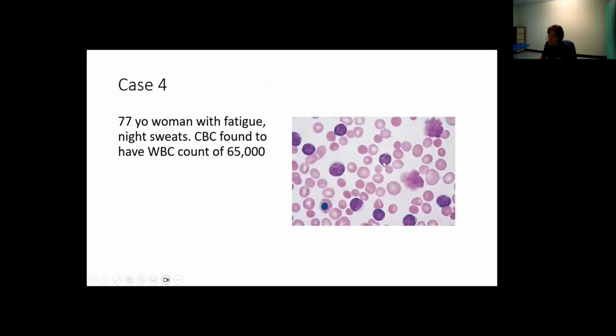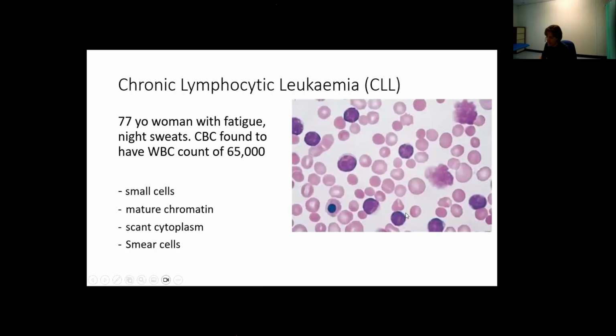The chromatin is clumped, and if you remember back, these are features of small mature lymphocytes. For those going for the gold star in the room, you've got these cells which are slightly disrupted, which we call smear cells. And the combination of this has a very particular sign, which is in keeping with chronic lymphocytic leukemia.